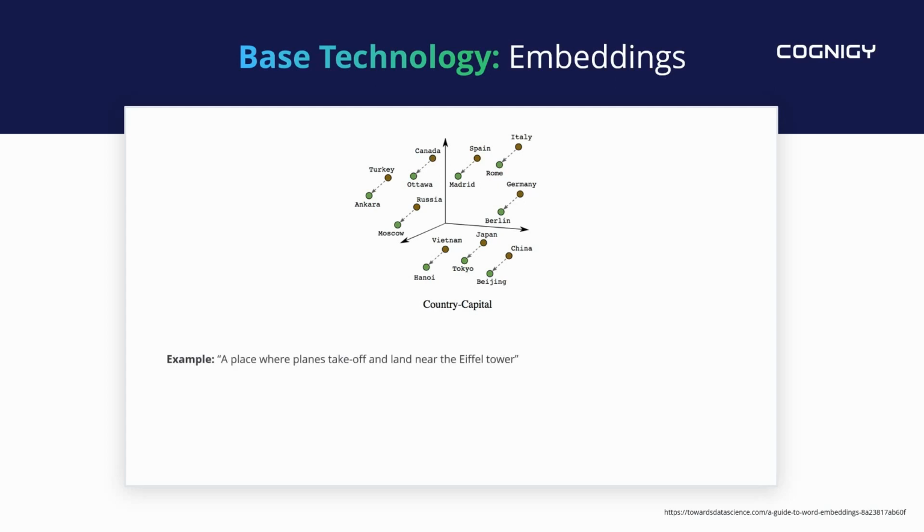Let's look at this line: a place where planes take off and land near the Eiffel Tower, and compare that to this line: Charles de Gaulle Airport. For us as humans, this almost feels like a crossword puzzle, like a play with synonyms. But for a computer, it's not so obvious because the words don't match at all.